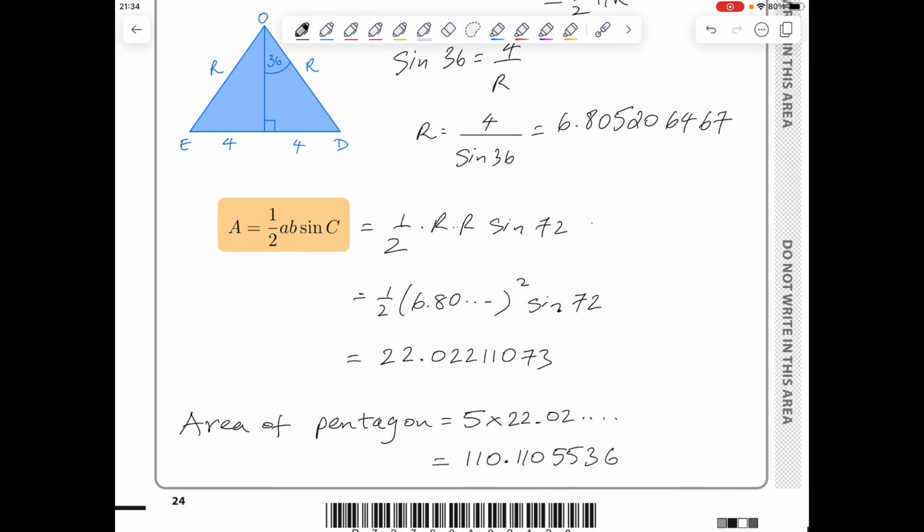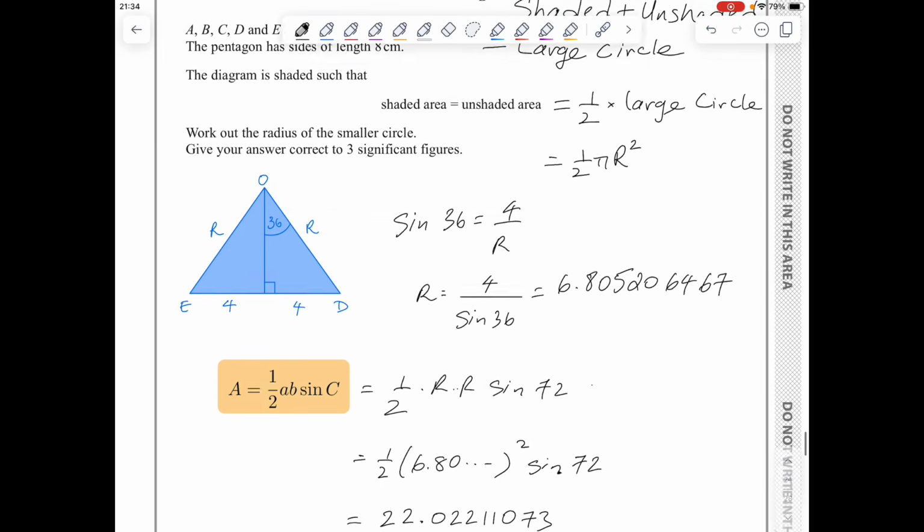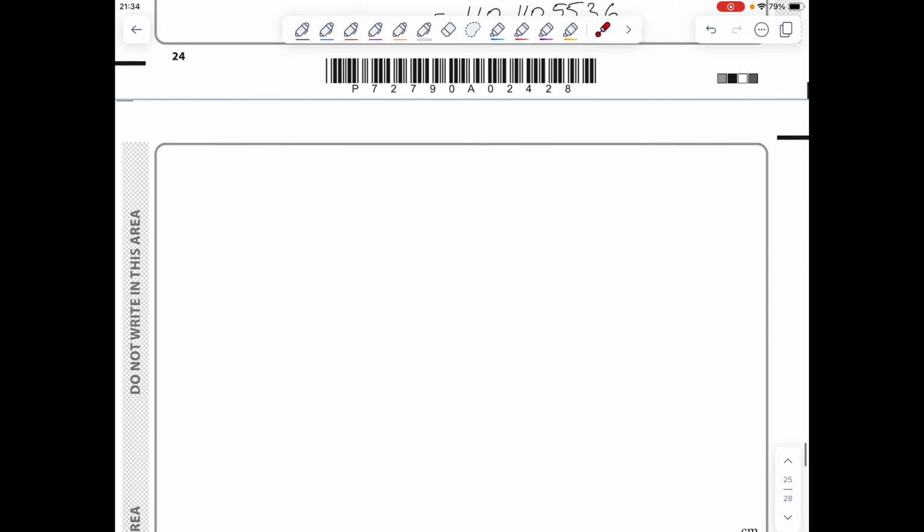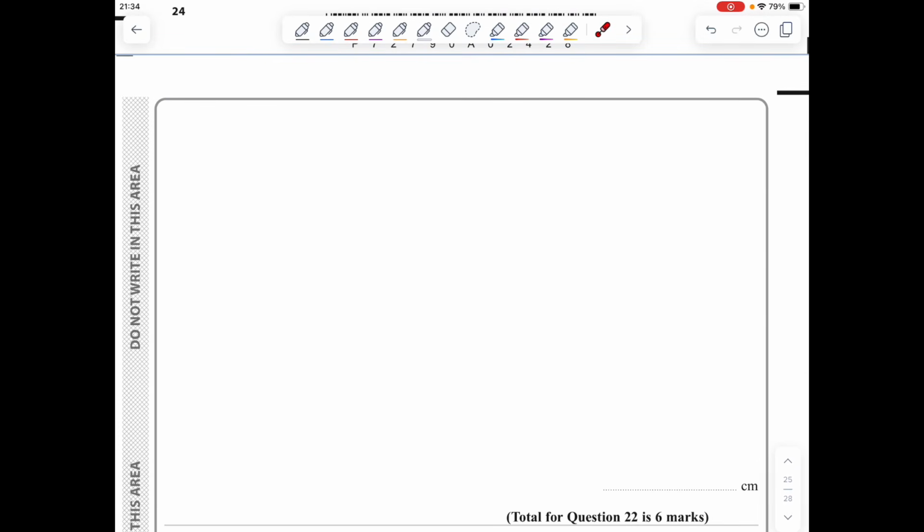Next, I'm going to use the fact that the unshaded area, which is this one, is equal to the area of the pentagon minus the area of the small circle. So I'll get the following.